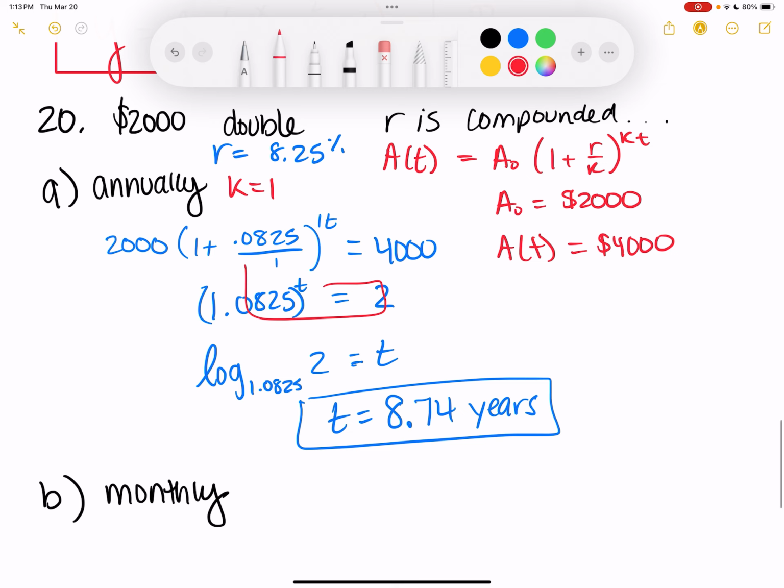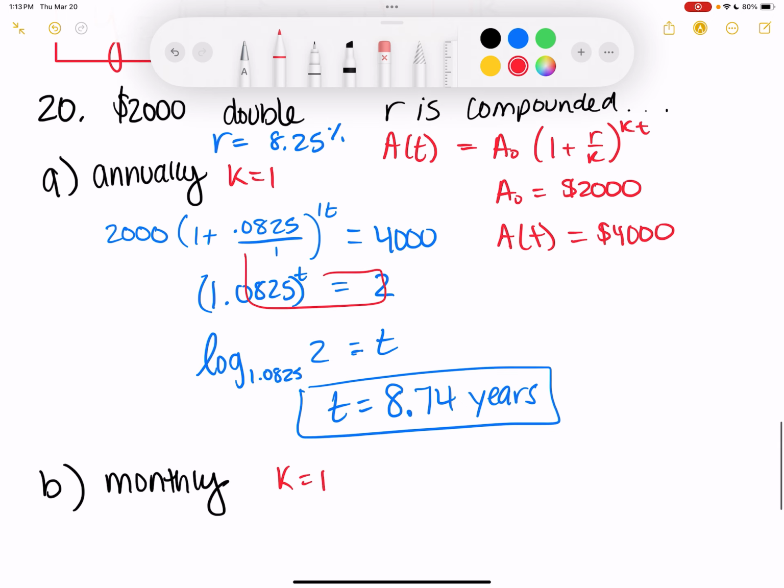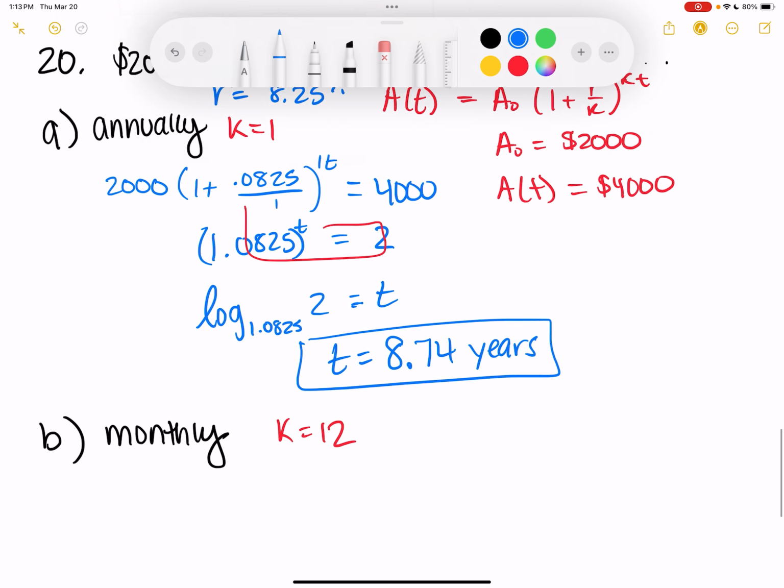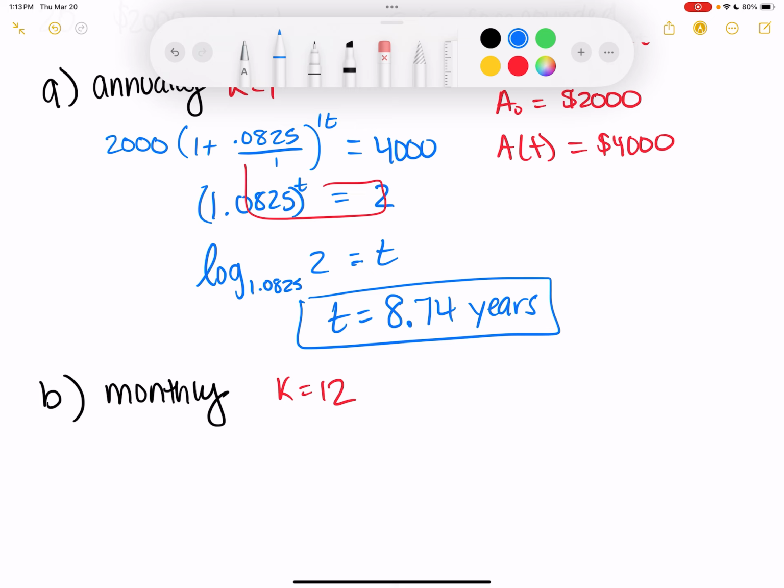All right, if it's compounding monthly, what is K? 12. So same thing except it's now 12 instead of 1. 2,000 times 1 plus 0.0825 divided by 12 raised to the 12t equals 4,000.